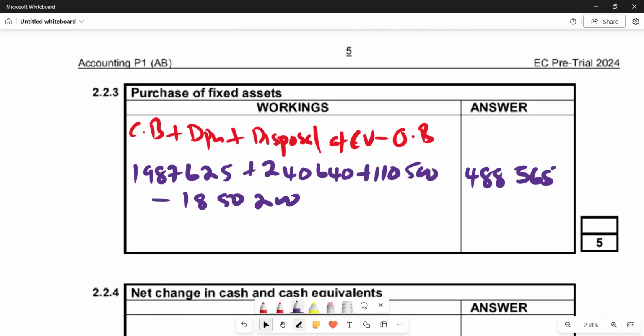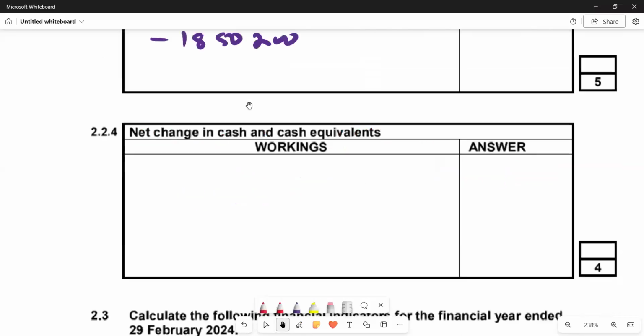Then we can as well try to go to the next question, which is net change in cash and cash equivalents. And we know that to get net change in cash and cash equivalents, remember, opening balance plus net change in cash and cash equivalents gives you your closing balance.